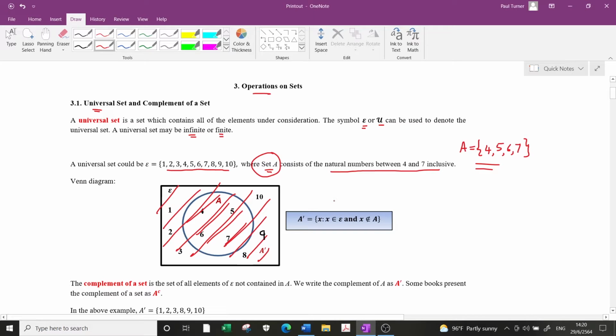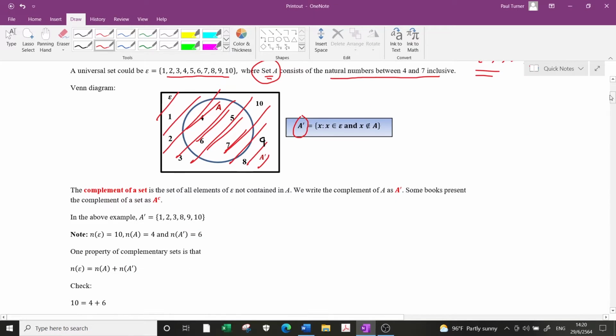Okay, but this here is what is called the complement of a set. So look at this definition.